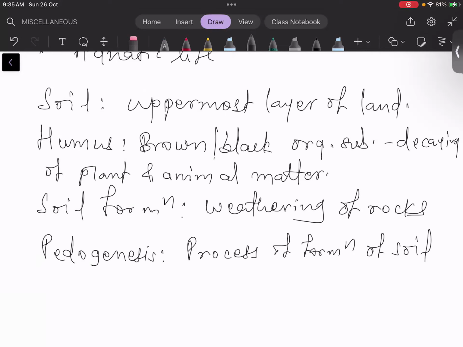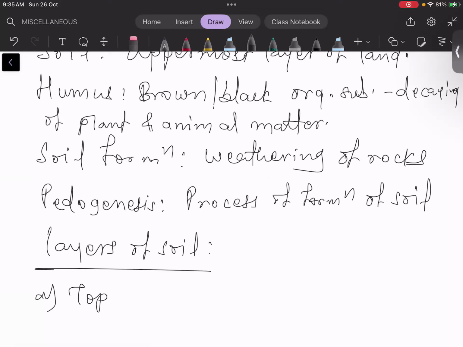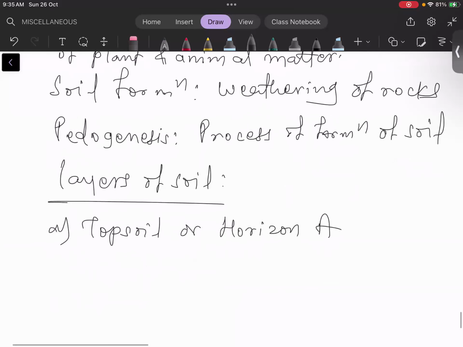Now, there are different layers of soil. First, topsoil or horizon A. It is also called humus layer, and that is rich in organic material.